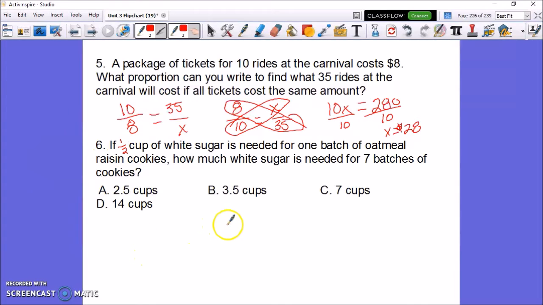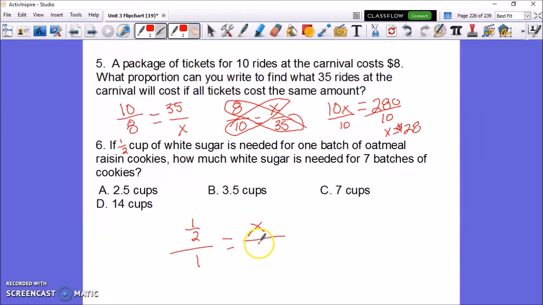All right, in this one, we're at the half sign. So 1/2 cup of white sugar is needed for 1 batch of oatmeal raisin cookies. How much white sugar is needed for 7 batches of cookies? You can set a proportional relationship. So we need 1/2 cup for 1 batch. So put the cups on top and the batches on the bottom. So this one we're going to put the cups on top. It's asking how many cups, so we don't know.